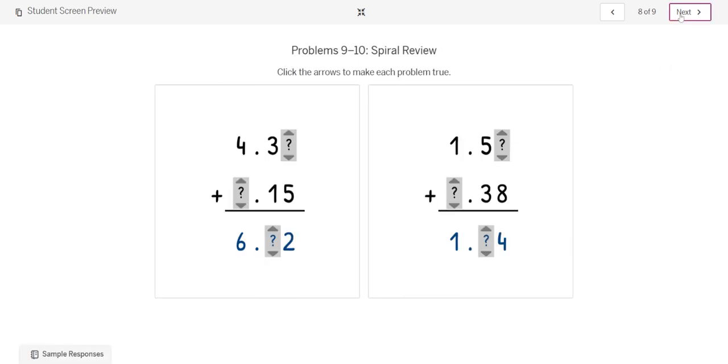And then another spiral review. Ooh, okay. To add something plus 5 equals that 2, I'm expecting it to be a 7, because 7 plus 5 is 12.